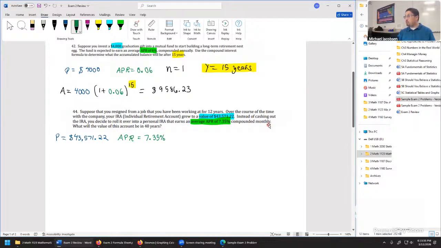The next thing, this one's told we're compounding monthly. So the n value does matter. That 12 is going to go in the denominator here. That's going to multiply the term length here. This time we have 40 years we're considering altogether. So we'll say t is 40 years.